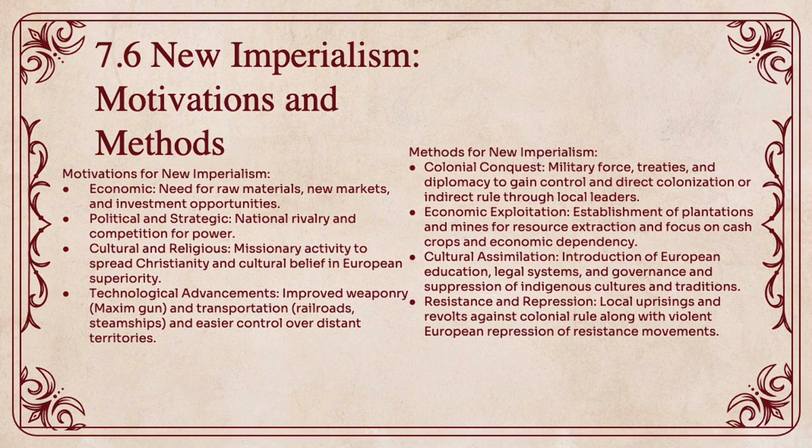So some methods for new imperialism would be colonial conquest, where they would use military force, treaties, and diplomacy to gain control and direct colonization, or indirect rule through local leaders. They used economic exploitation, where they would establish plantations and mines for resource extraction and focus on cash crops and economic dependency.